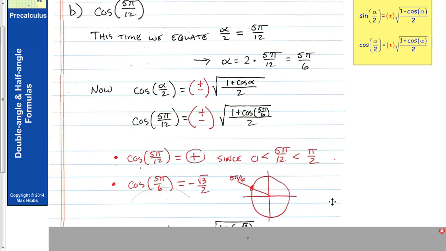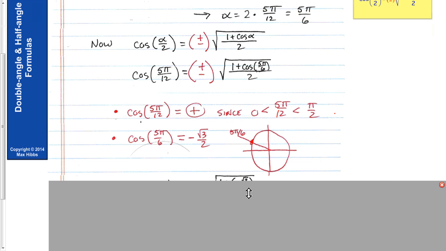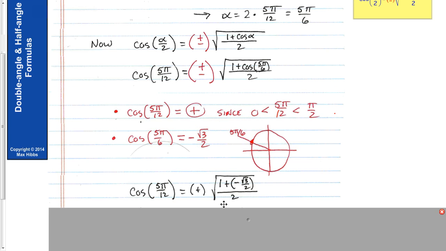By now, I hope that you have a lot of this committed to memory. This is something that you need to practice so that you can determine the value quickly of things like cosine of 5 pi over 6. So now we have a replacement for the cosine of 5 pi over 6 in the formula. We've decided the cosine of 5 pi over 12 is positive, and cosine of 5 pi over 6 is negative square root of 3 over 2.